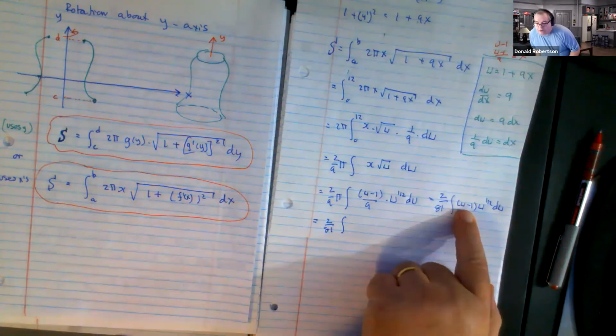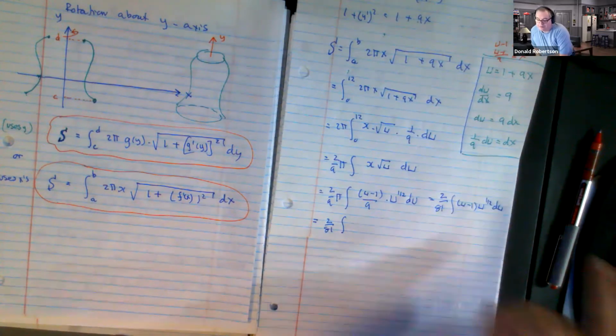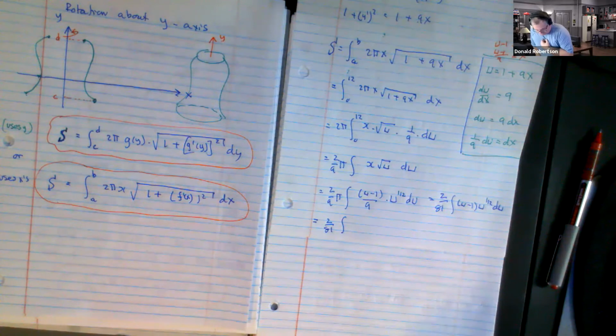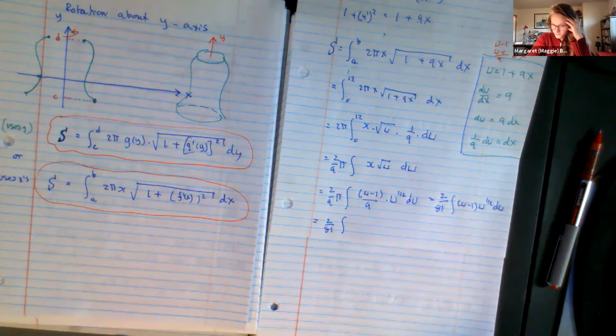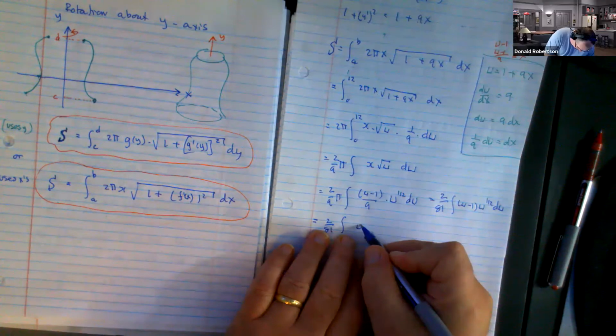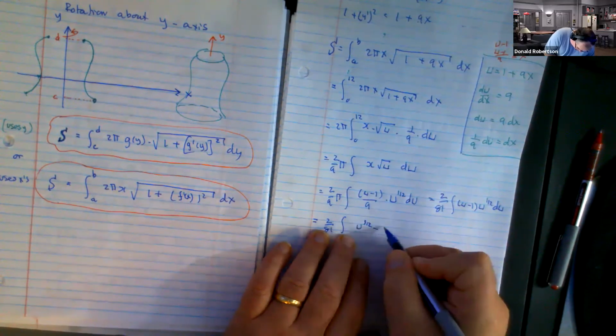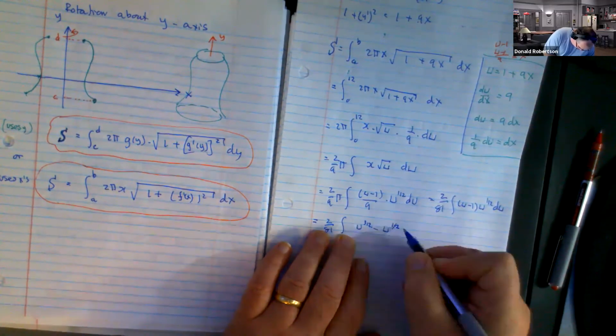u minus 1 times u to the half. Would you combine the terms? Okay, so you get u to the 3 halves minus u to the half du.